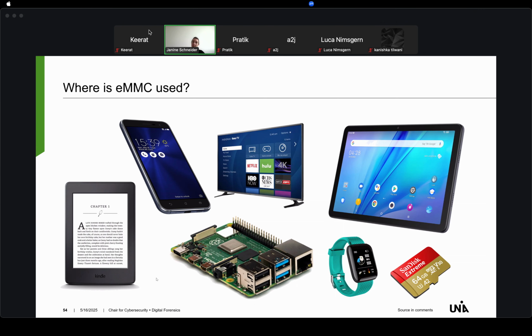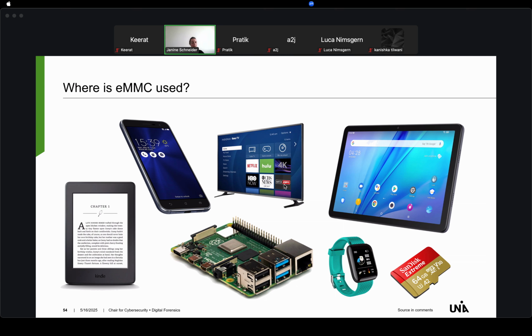But because all these devices have eMMC in them, there's also a huge eMMC recycling market. And you may remember that I told you about the lifespan of flash cells and wear out and stuff like that.